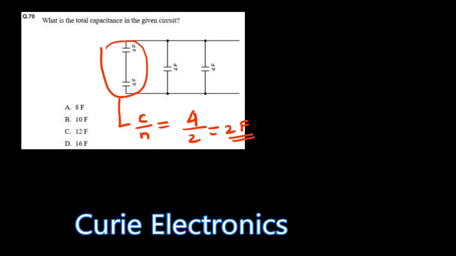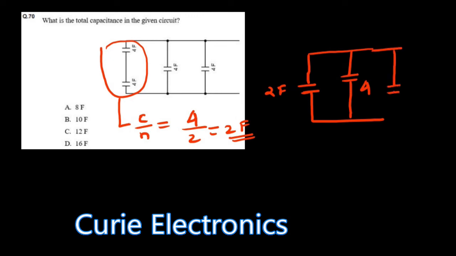So what is the circuit we have left? We have a 2 farad, then a 4 farad, and one more 4 farad. Now we want the total between these two ends, let it be A and B. We just have to add it up: 4 plus 4, 8 plus 2, 10. So it is 10 farad. So 10 farad is the right answer.